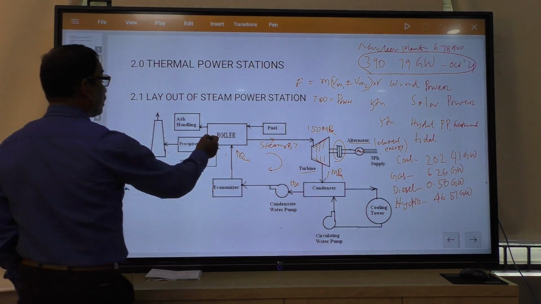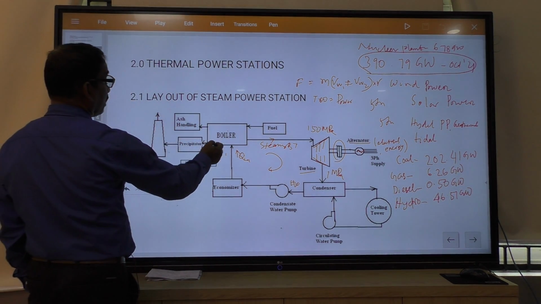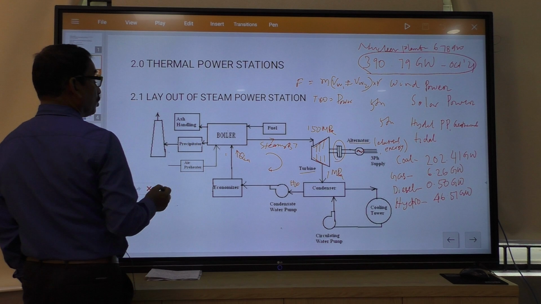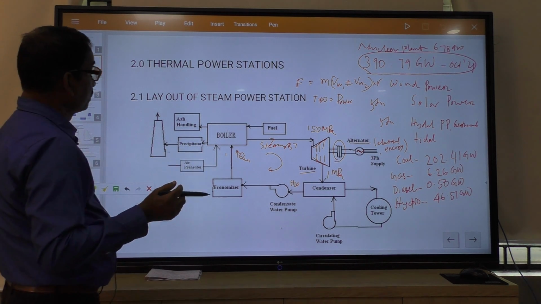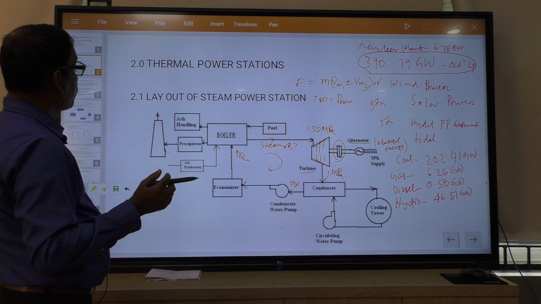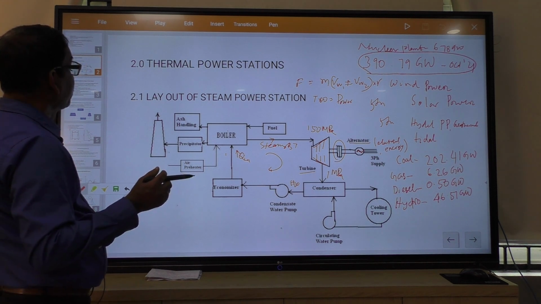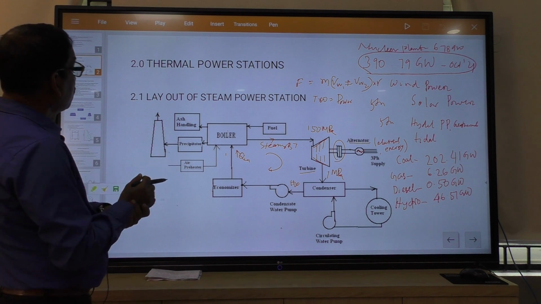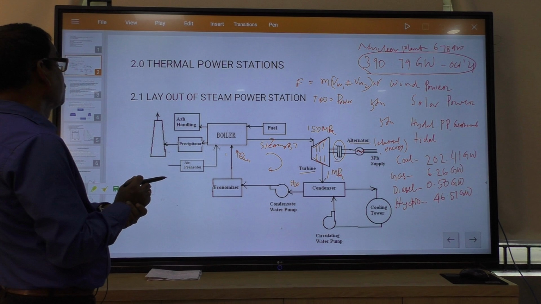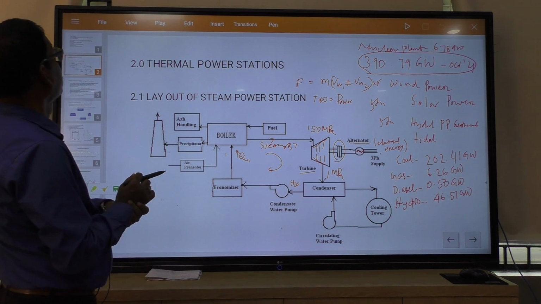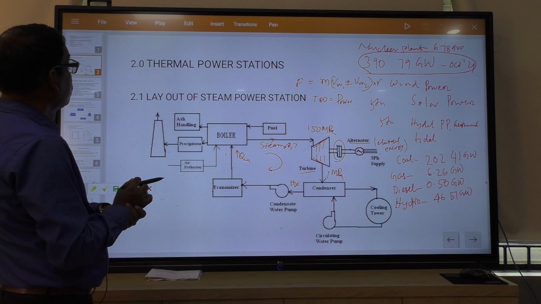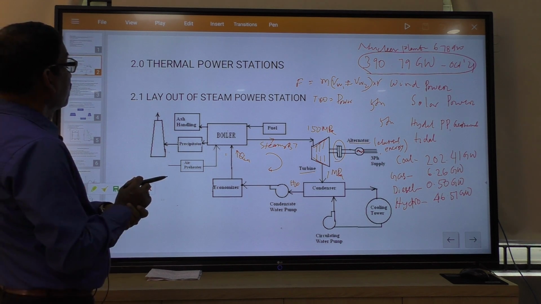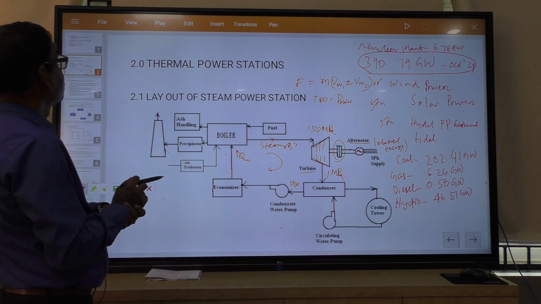And in the boiler, when coal, a solid fuel, is burned, we get ash, so ash handling is needed, otherwise it may go to the atmosphere. If you look at the trees near a steam power plant, their leaves are coated with ash, and if you go there, your body will be fully covered in ash.